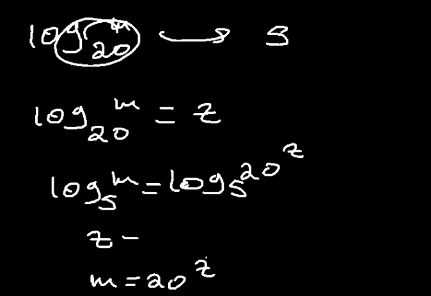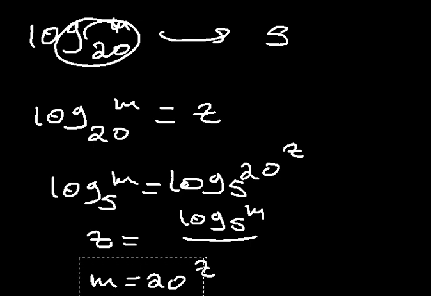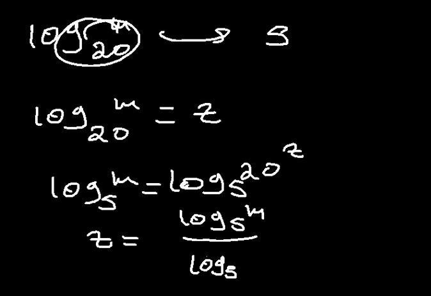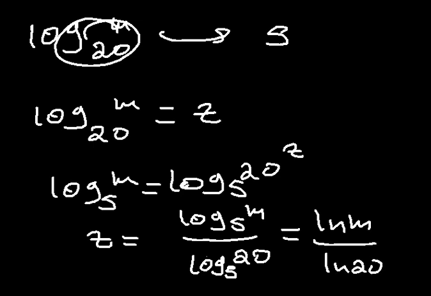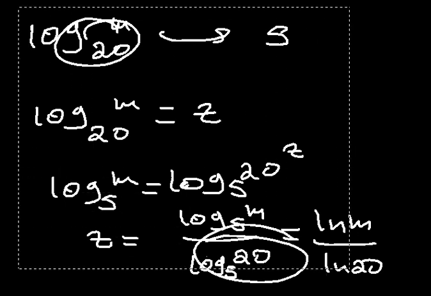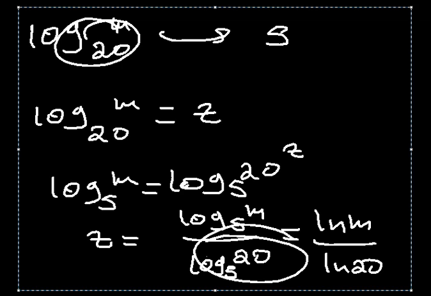Upon making z the subject, we have z equal to log 5 of m divided by log 5 of 20. This is the same as ln m divided by ln 20. So that's how we change the base from one base to another.